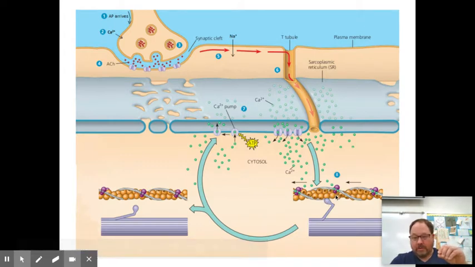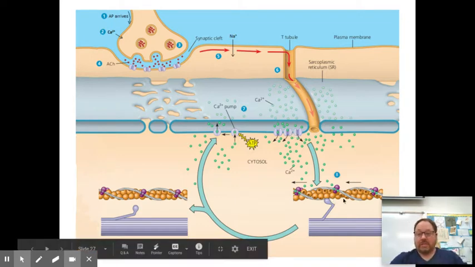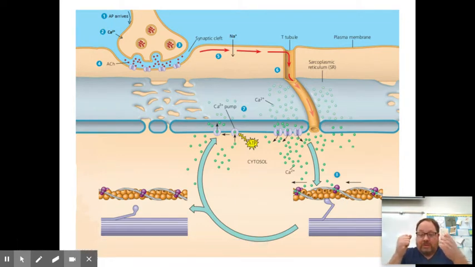And when they pull back on the gray ropes, the muscles can contract. Okay, well, what would happen if a person takes a medication that does not allow these gates to close? If these gates stay open, then these ropes stay pulled back and the muscles will continue to contract. It's called tetany, or think of like tetanus, right?